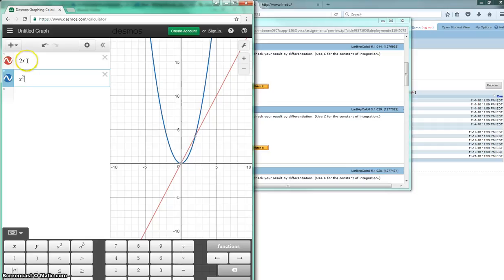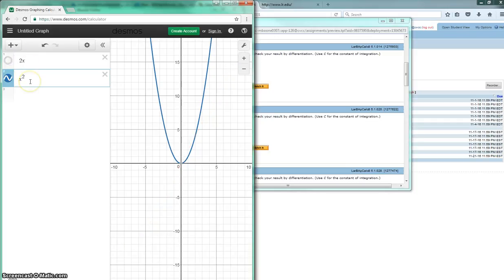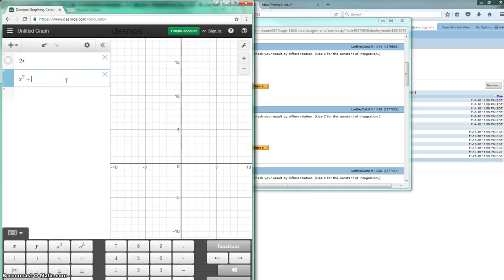But 2x is actually the slope generating function for a lot of things that look like x squared plus 5. It is also, because if I take the derivative of this, I get 2x. It could be minus 4, because the derivative of this is still 2x. It tells me my slope at any given point.